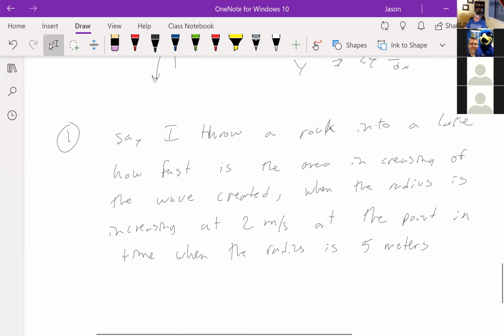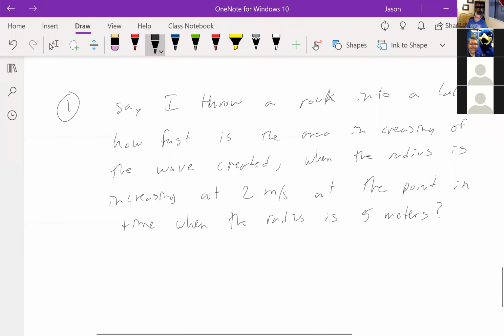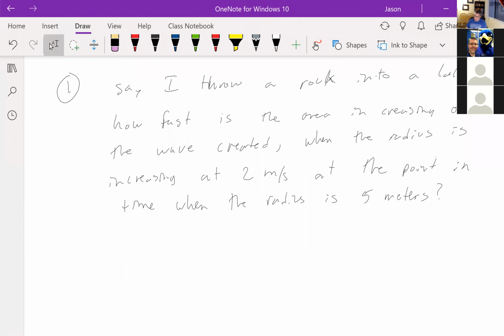Okay, so let's draw a picture. Say I throw a rock into a lake. How fast is the area increasing of the wave created when the radius is increasing at 2 meters per second? So big rock, big splash. And what's going to happen to this big rock and big splash? It's going to create a wave.